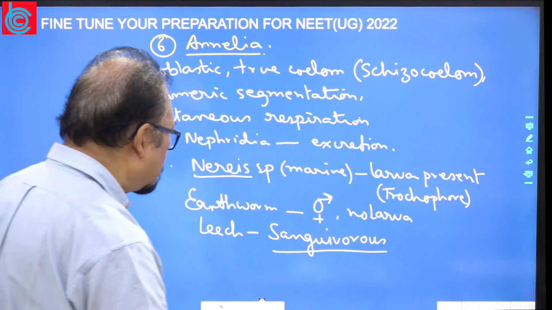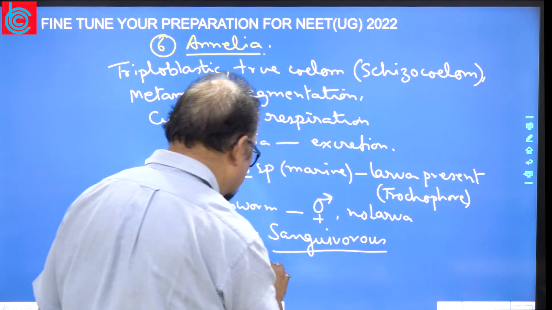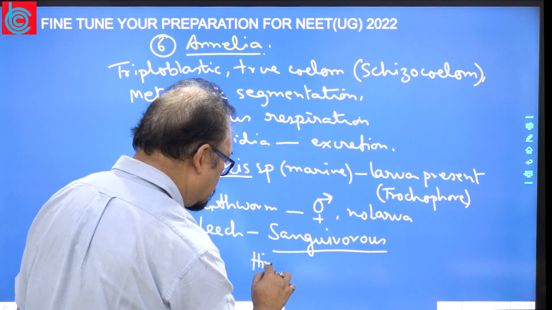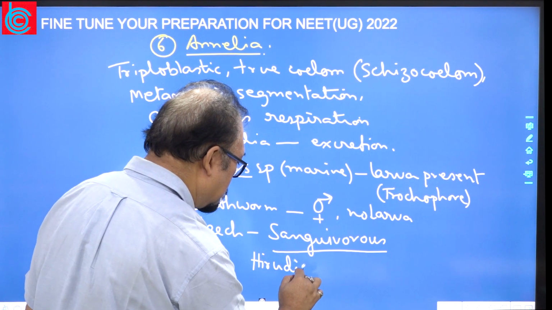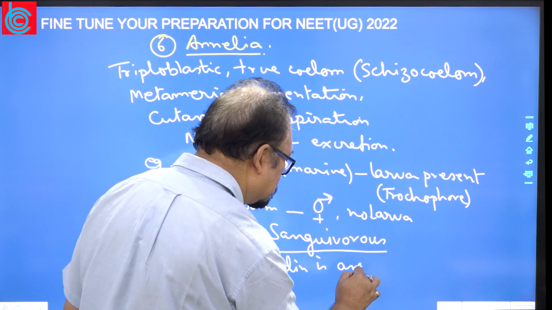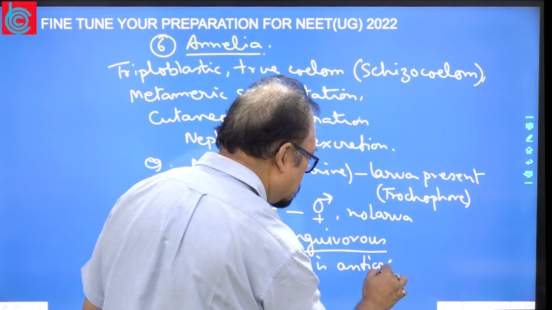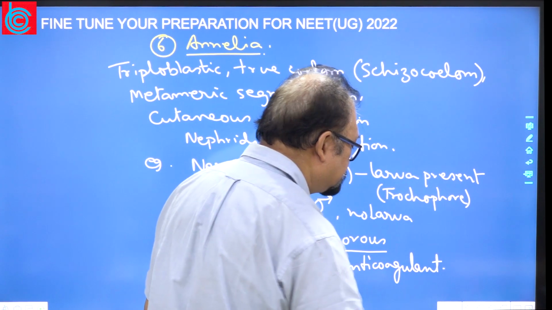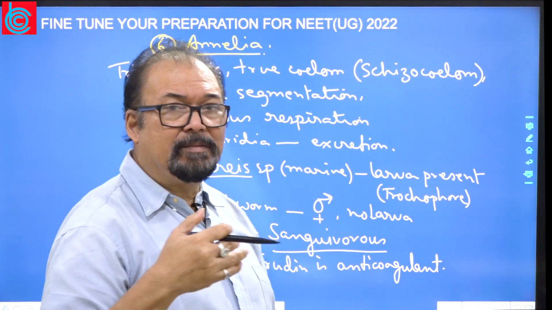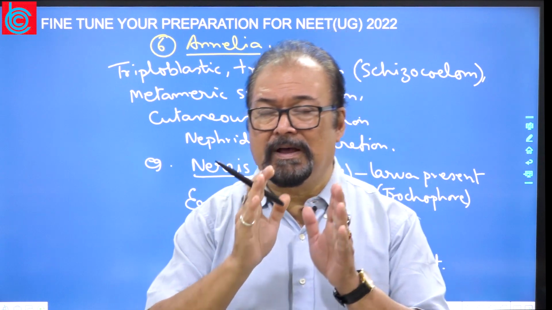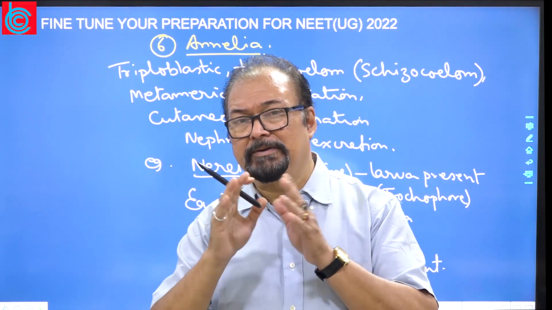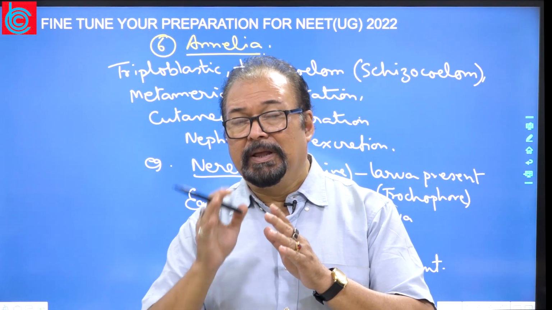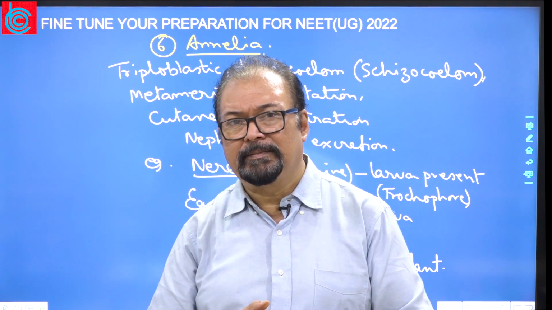Sanguivorous, and hirudin is the anticoagulant. Why I mentioned the point? Because in class 12, the last chapter in the biotechnology, hirudin synthesis is there.